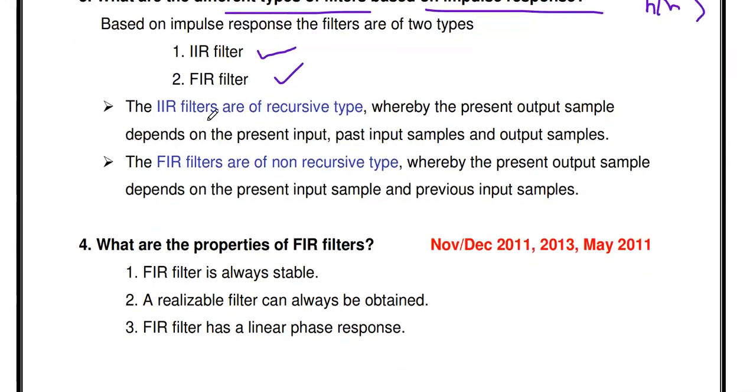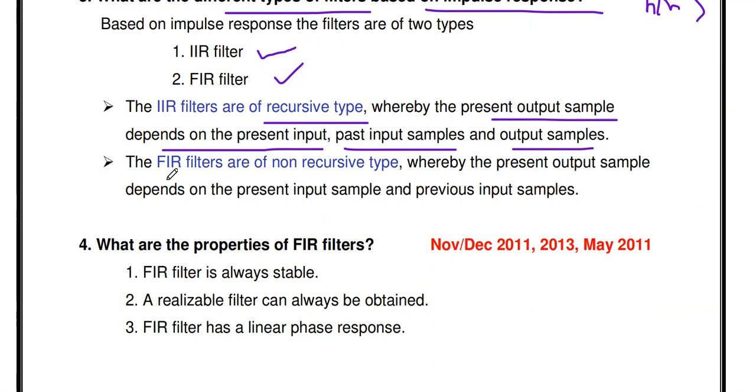IIR filters are of recursive type. Recursive means the present output sample depends on the present input, past inputs, and past output samples. The present output y of n depends upon the present input x of n, past inputs x of n minus 1, n minus 2, etc., and similarly the past output sample y of n minus 1.